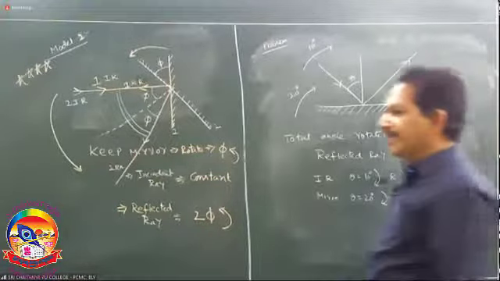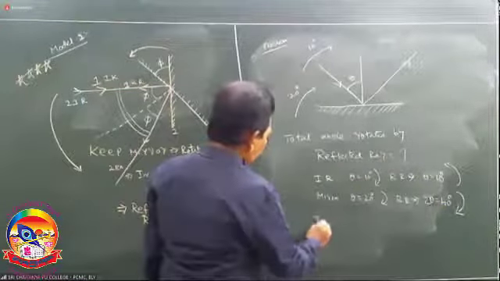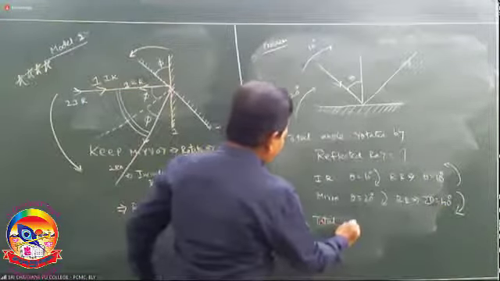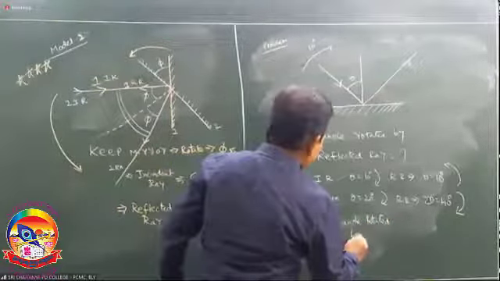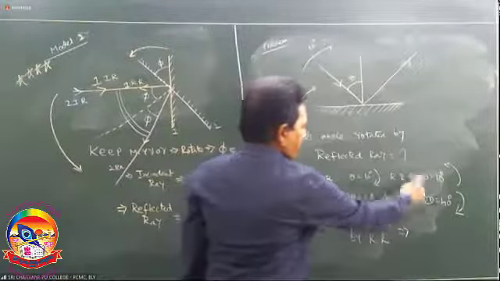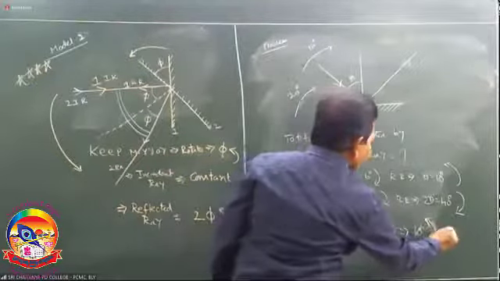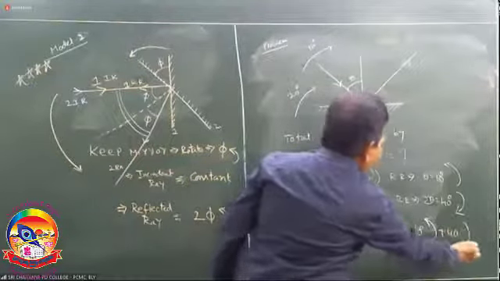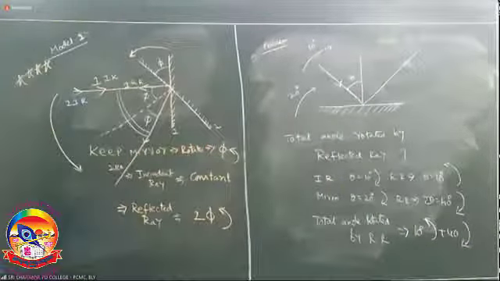Total angle rotated by the reflected ray: this plus this. 10 degrees anti-clockwise, 40 degrees clockwise. If you understand, it is a very good problem.